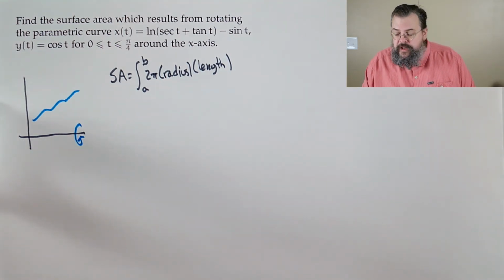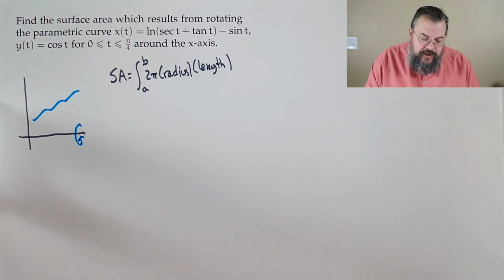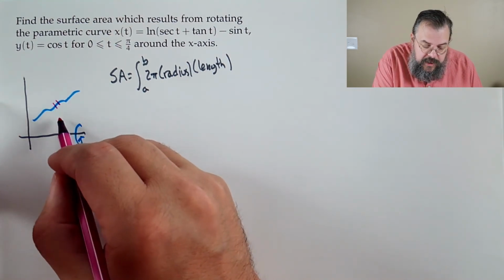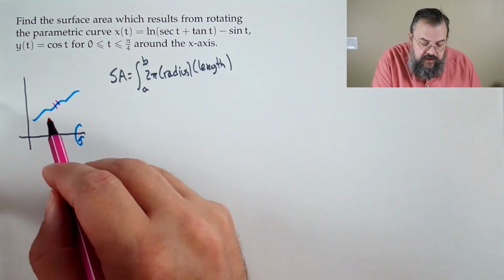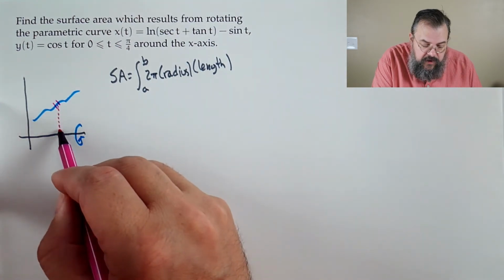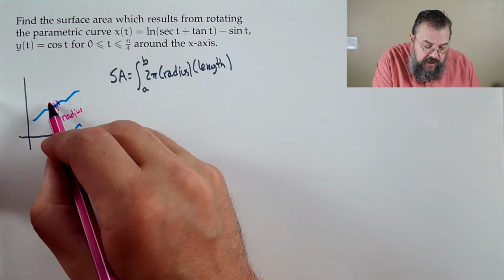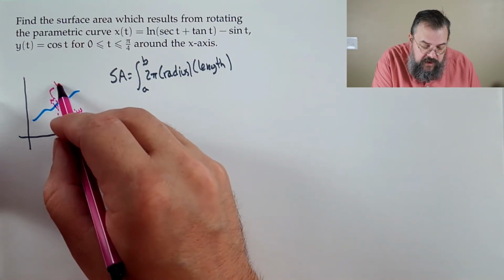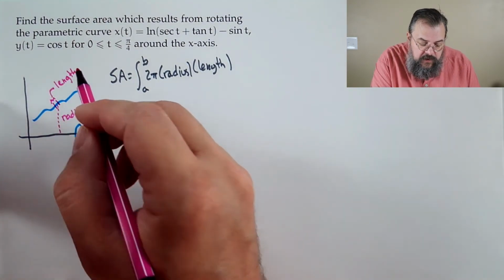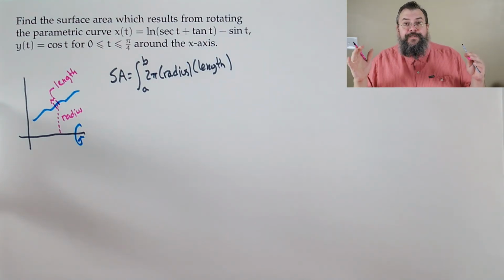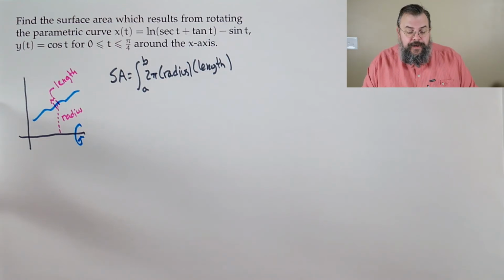Here, we take our curve and chop it into parts. We're going around the x-axis, so our radius is how far we are from the x-axis, and this piece here is our length. If we can understand what our length and radius are, life is good. Time to think about those parts.